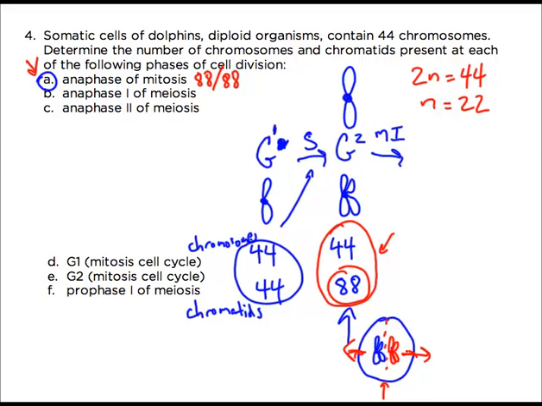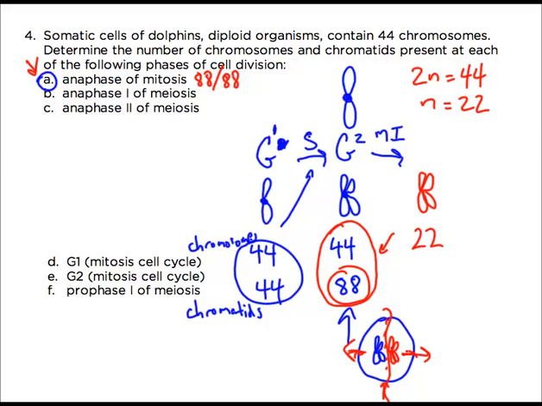So after meiosis 1 is done, in each new cell we're still going to have one member of each pair.